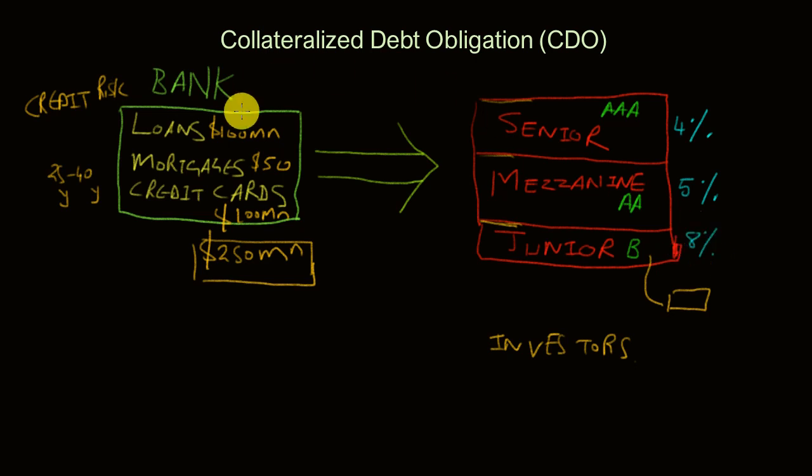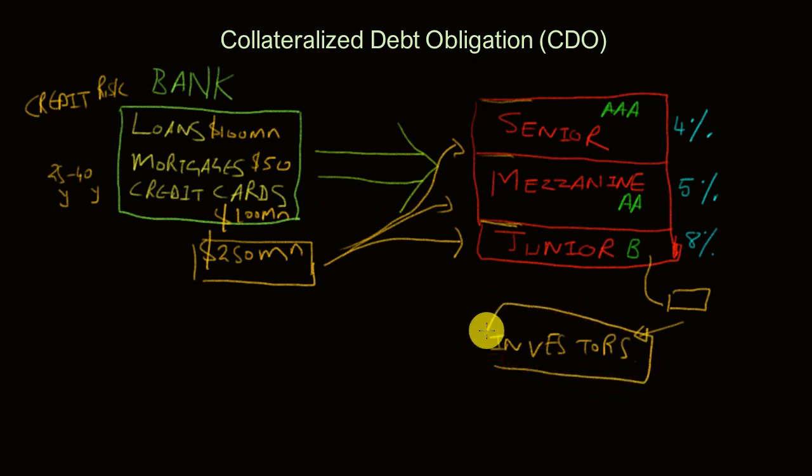So what this bank could do is transfer this 250 million worth of debt into the various tranches, and then sell these to various investors as an investment product. By doing this, the bank has effectively transferred the credit risk to those investors.